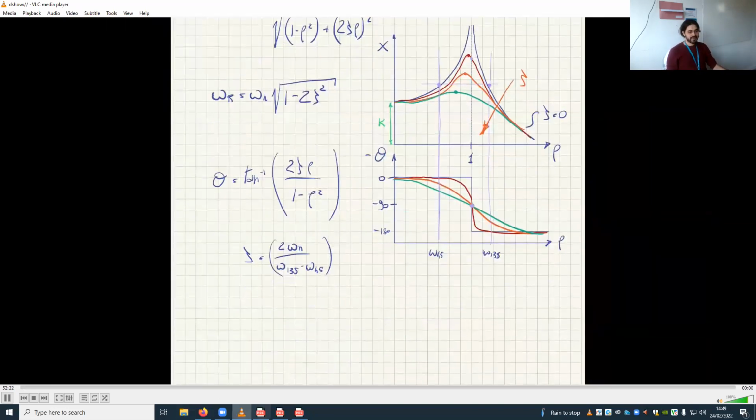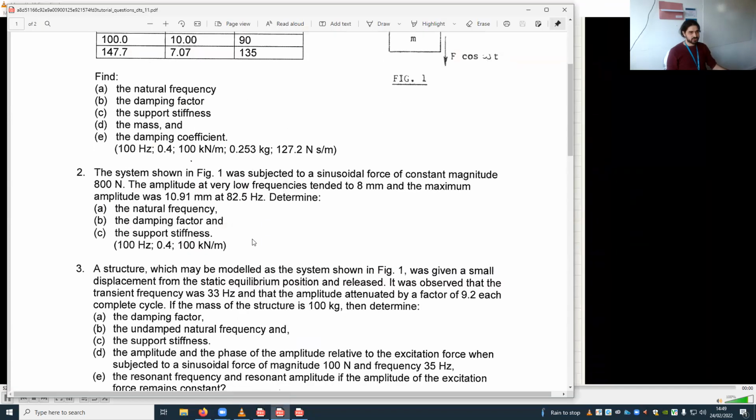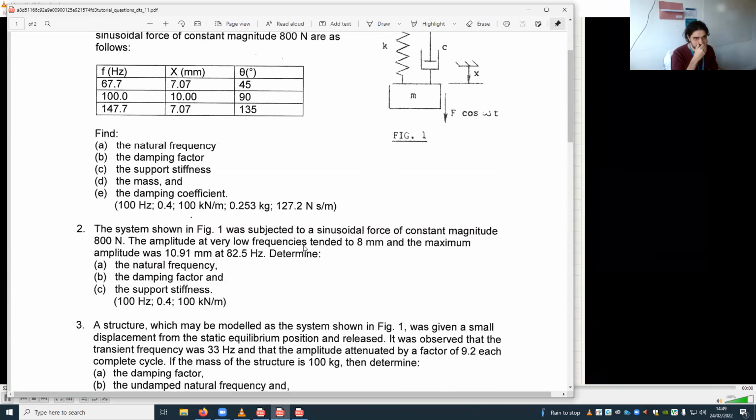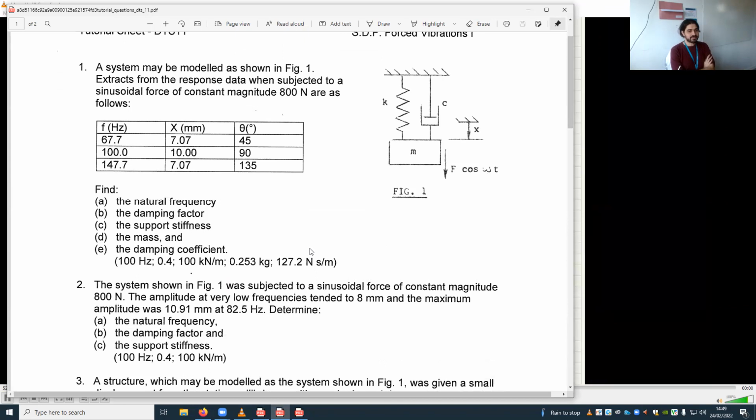All right, let's go to question number 2. We have the same system that is shown in figure 1, subject to this sinusoidal force of constant magnitude 800 newtons. The magnitude is constant, but the force is sinusoidal. The amplitude at very low frequencies tended to 8 millimeters. That means I'm giving you the stiffness.